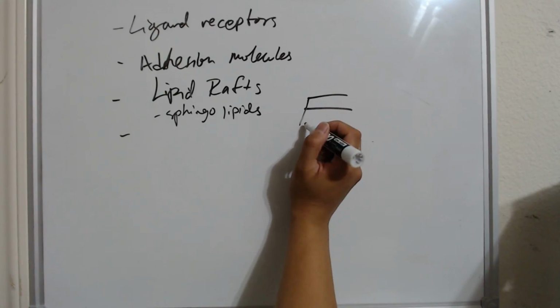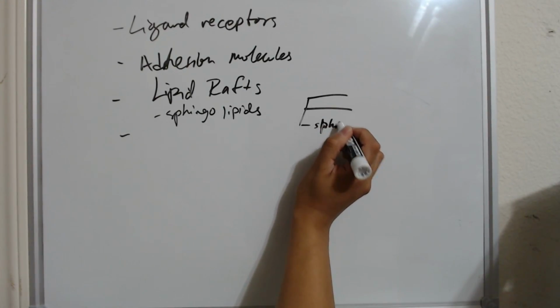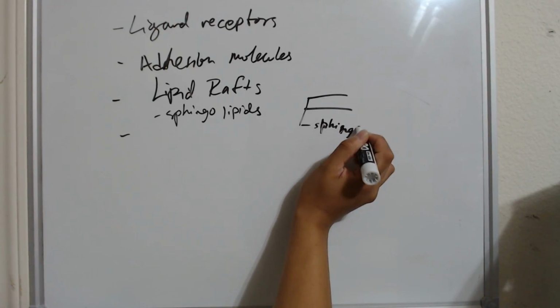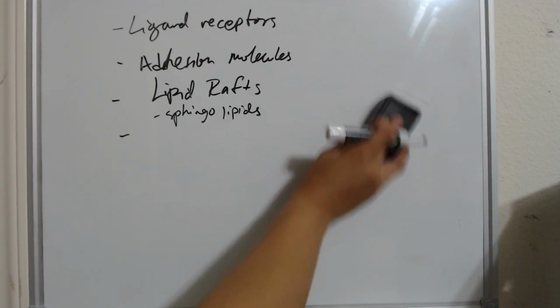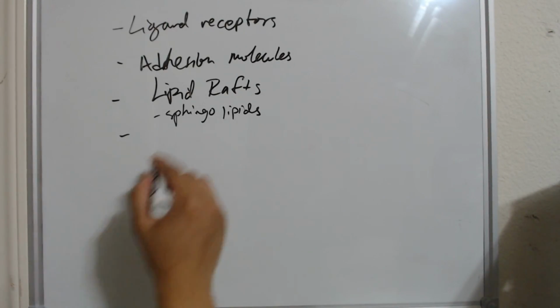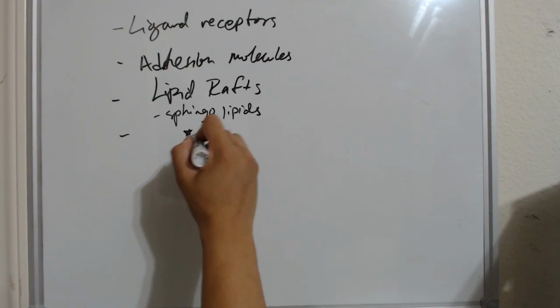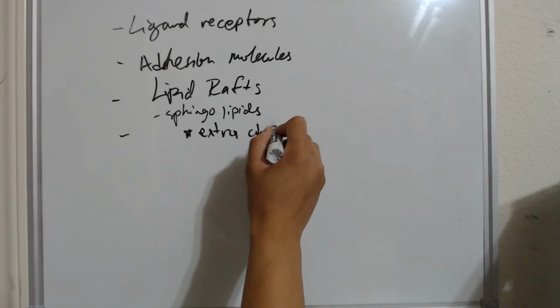They are not phospholipids. They have this thing called sphingol instead of phosphate. And they have extra cholesterol.